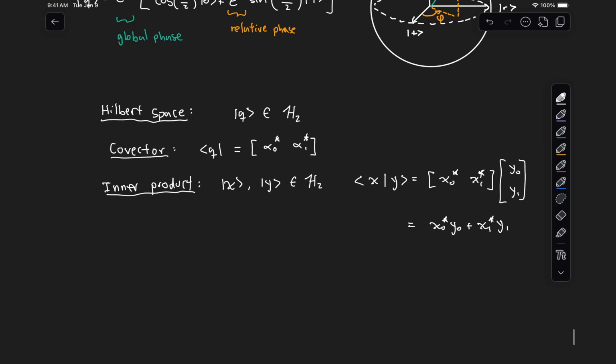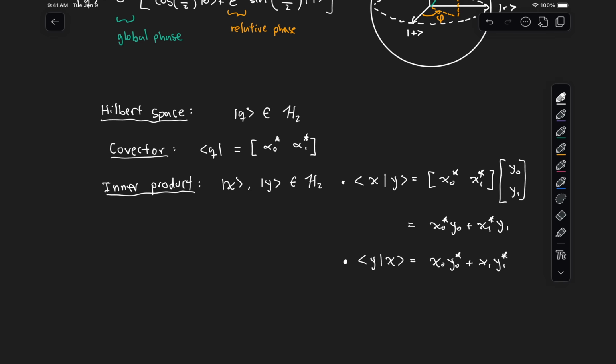Now, an important thing to mention here is that unlike what we had for classical bits where our entries were only either 0 or 1, since here we're taking the complex conjugate, performing the inner product between x and y is not the same as performing the inner product of y and x, because this one will give us x0 times y0 complex conjugate plus x1 times y1 complex conjugate. And these two are not necessarily the same.